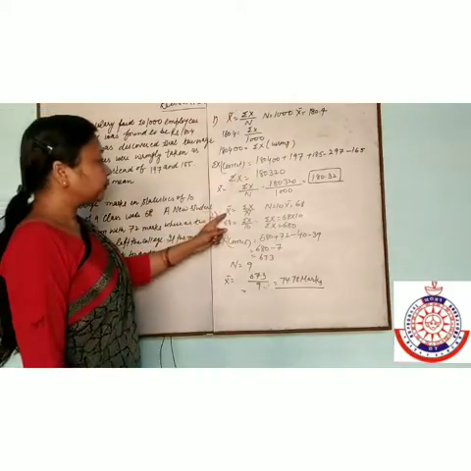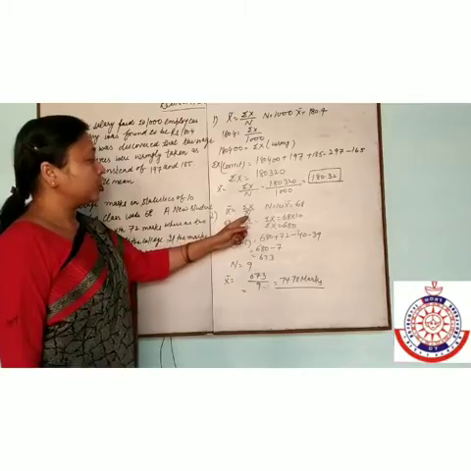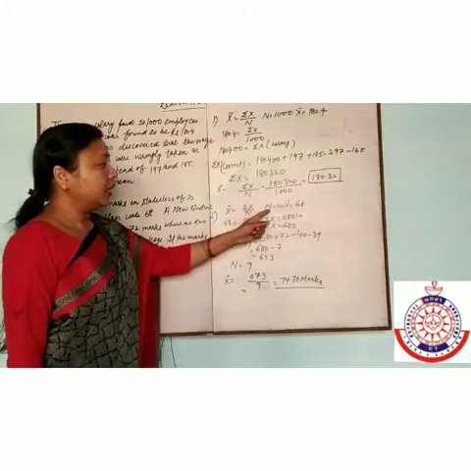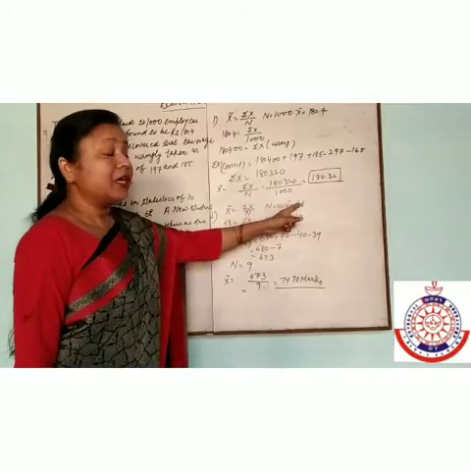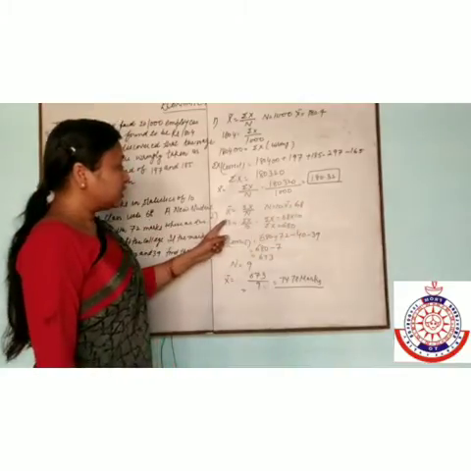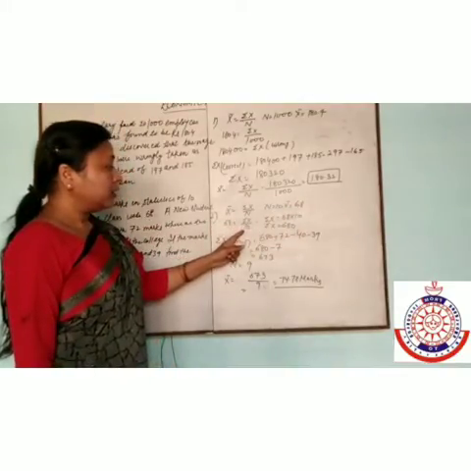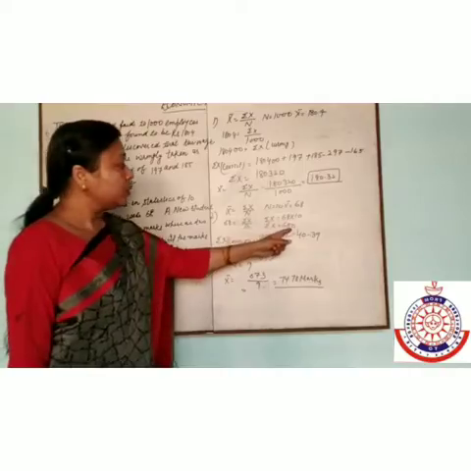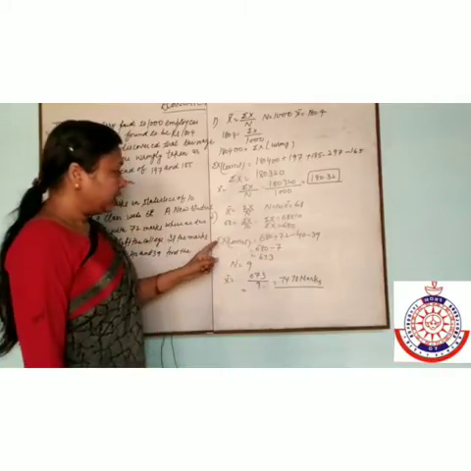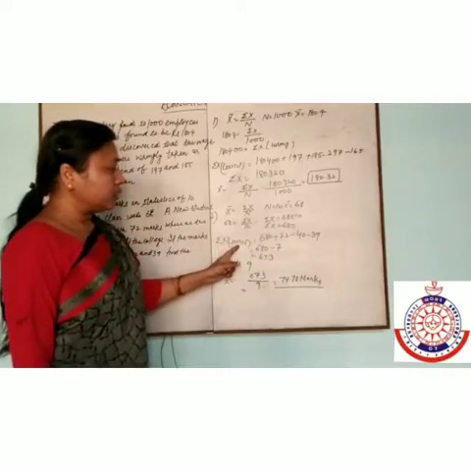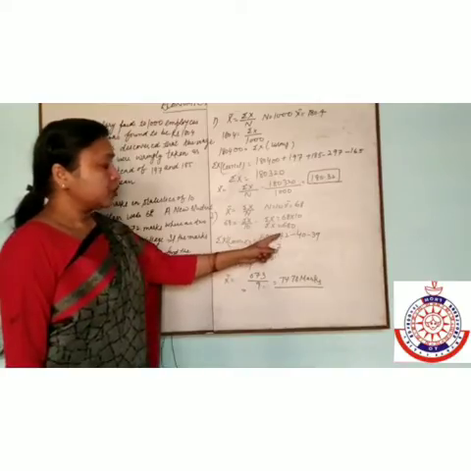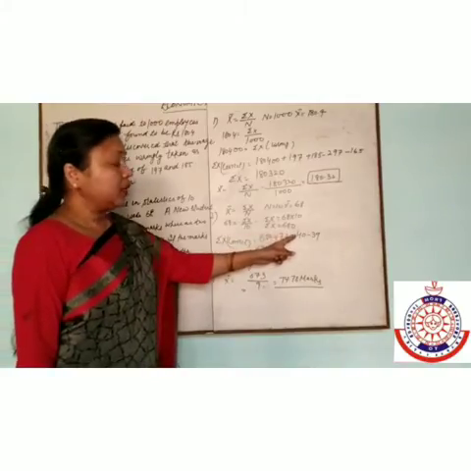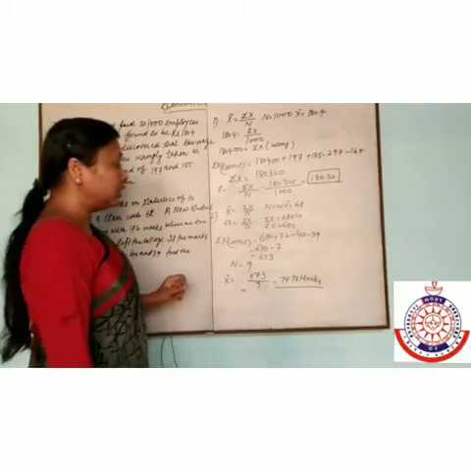Same process, x bar is equal to summation of x by n. Here n is equal to 10 and x bar is equal to 68. 68 is equal to summation of x by n. Summation of x is equal to 680. Now summation of x correct is equal to 680 plus the correct value 72 minus the incorrect values 40 and 39.